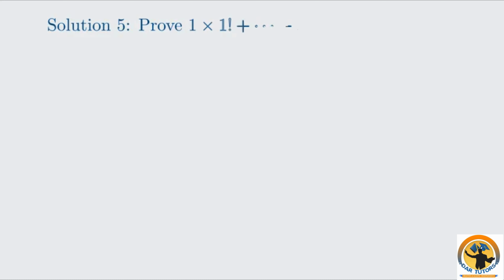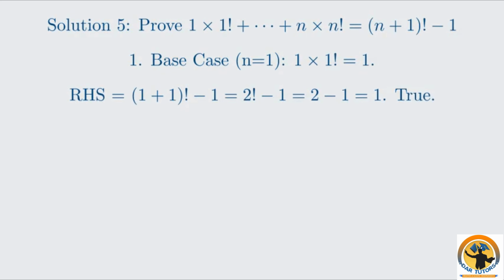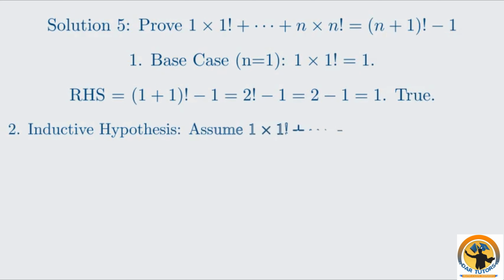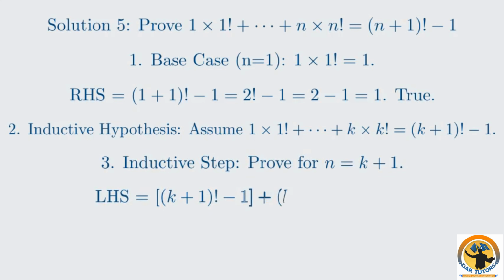Finally, question 5 involves factorials. The base case for n equals 1 is 1 times 1 factorial, which is 1. The formula gives 2 factorial minus 1, which is also 1. The inductive hypothesis assumes the formula for k. In the inductive step, we add the (k+1)th term, (k+1) times (k+1) factorial.